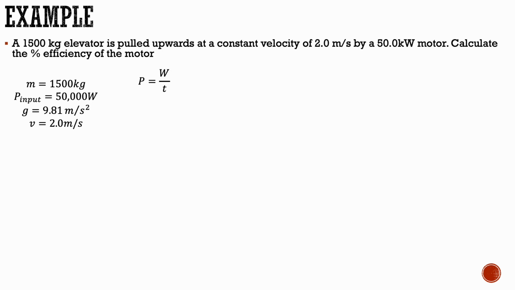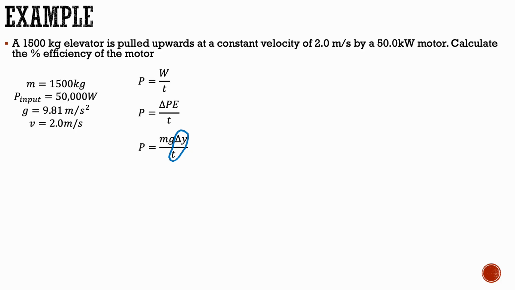So if we look at our power equation, we know power is work over time. Now in this case, our work is actually going to be our change in potential energy, which can be written as mg change in y. But we're going to take particular attention to our change in y and t, because our change in y is a displacement and our time is measured in seconds.